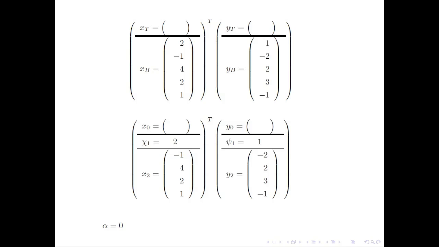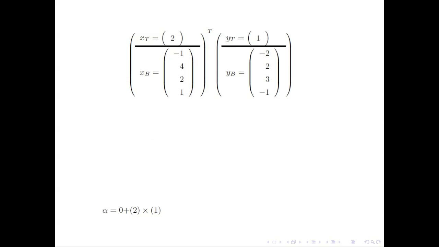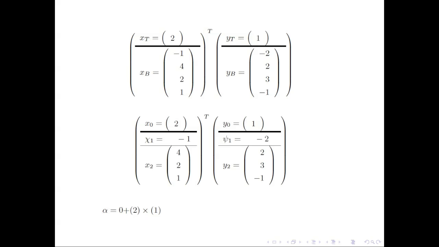We expose the top elements of x bottom and y bottom, calling these chi1 and psi1. We multiply these exposed elements together and add them to alpha. Then the thick line moves, making what were the top elements of x bottom and y bottom now the bottom elements of x top and y top. We expose the next set of top elements of x bottom and y bottom.